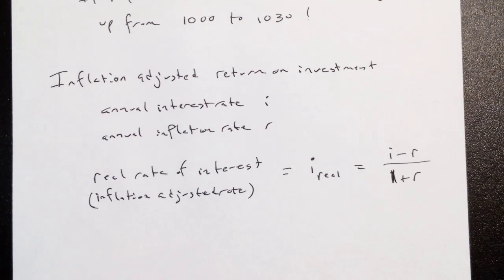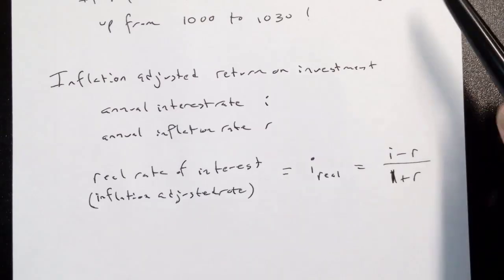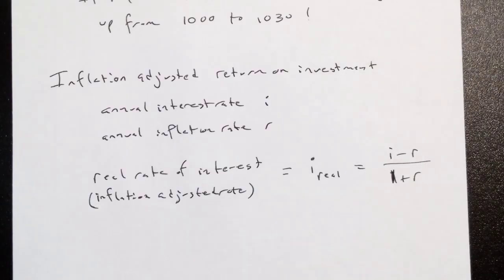Now, why does that make sense in conjunction with what we were just talking about? I said my $1,050 investment doesn't pay for $50 more worth of stuff because I'm not comparing it to the $1,000 price. I'm comparing it to the new price of $1,030. So let's take a look at this calculation based on these numbers up here. The numbers I just pulled out of thin air. I had an I of 0.05 and an R of 0.03.